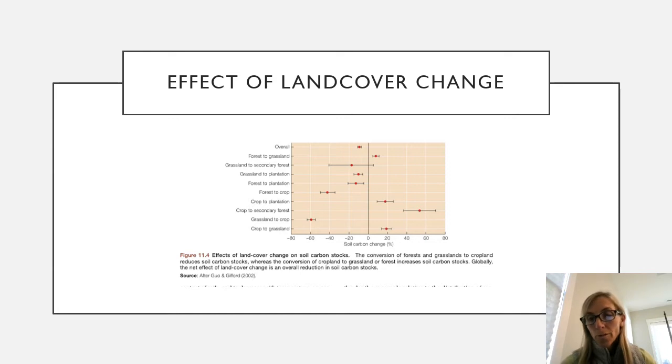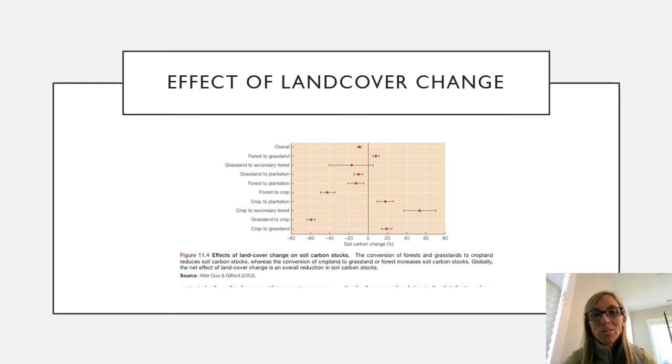And of course, both precipitation and temperature help to regulate carbon balance, with precipitation generally increasing carbon inputs and temperature generally affecting decomposition rates and increasing carbon outputs.